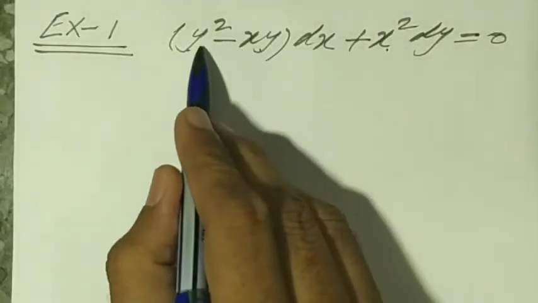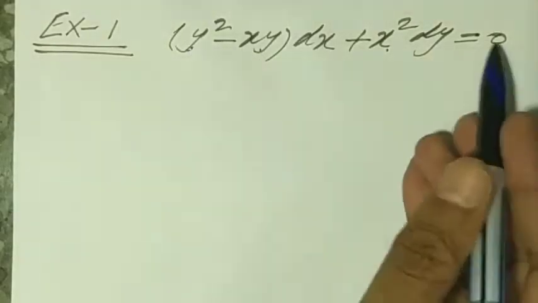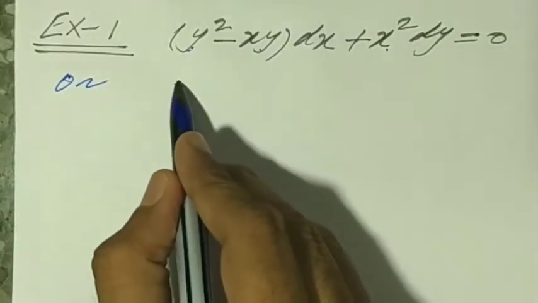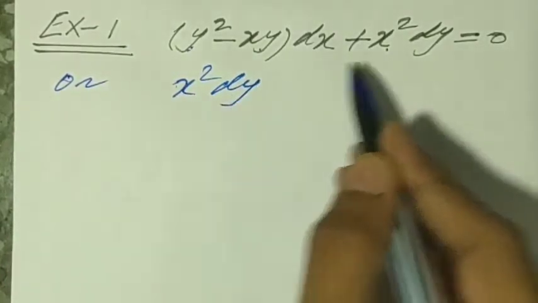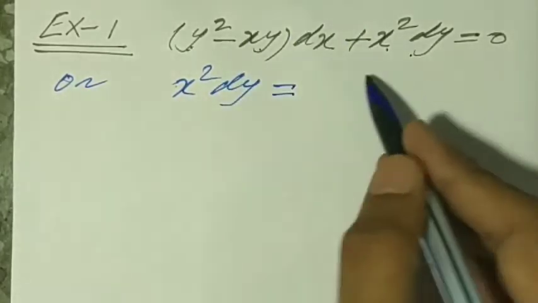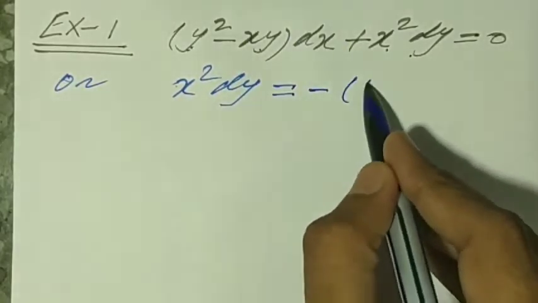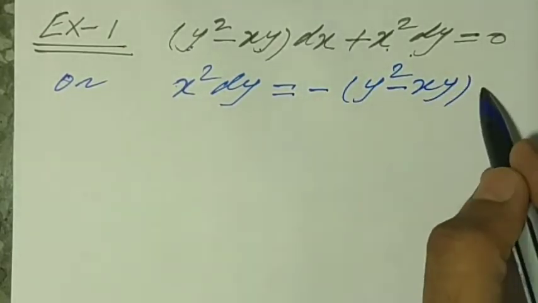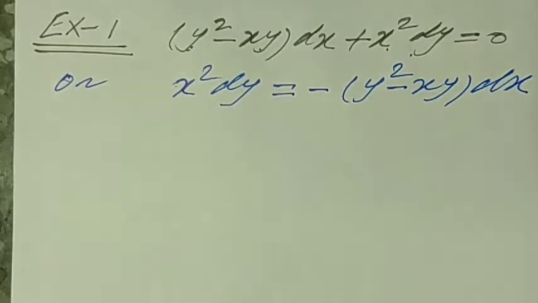So first we have to transpose this term to right hand side. So we get x square dy on left hand side. This term is left on left hand side and this term is transposed to right hand side. So we get minus y square minus xy dx.